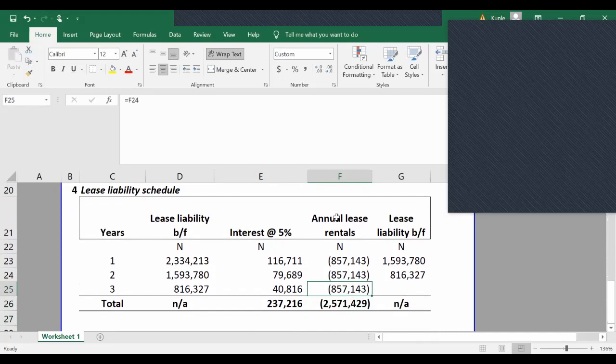By the time you make this last installment payment, you will have fully discharged all your responsibility and the balance here will be 0. So this is the requirement as far as IFRS 16 is concerned, right?